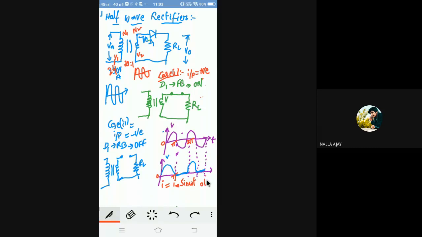Now, what is the I value from pi to 2 pi? It is equal to 0 from pi to 2 pi. Okay, that is the current equation.